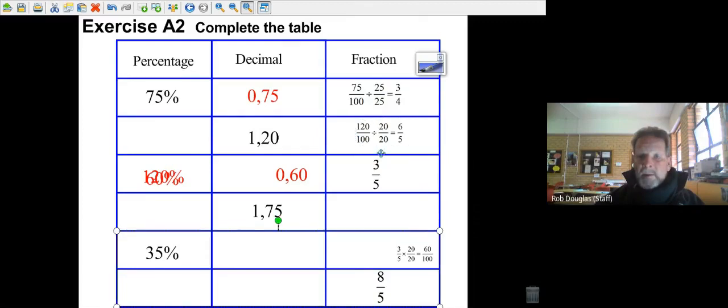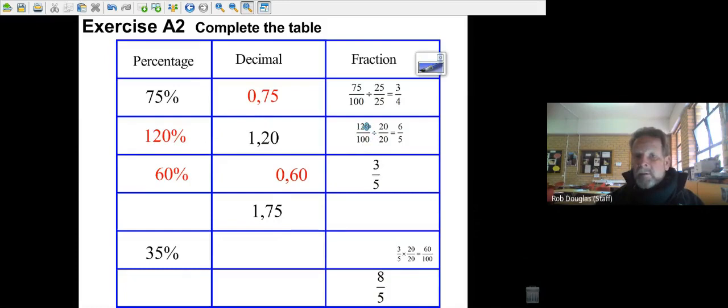But that's also 120 per 100, which is really just 120%. So all you do is move the decimal 2 to the right, and you'll get what it is, 120%.